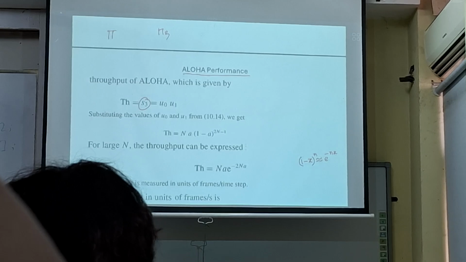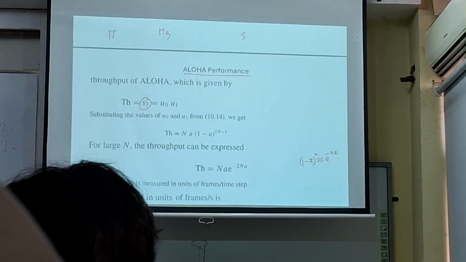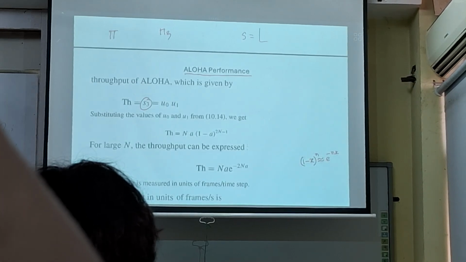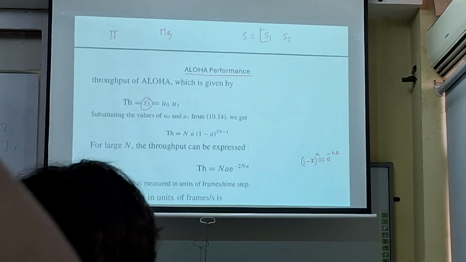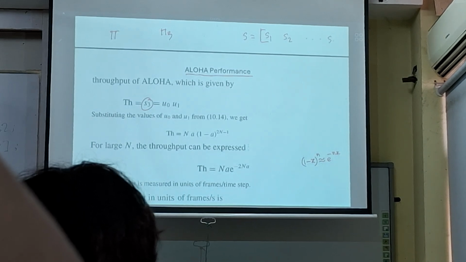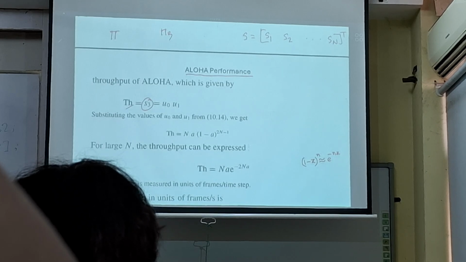We actually use this. This is the steady state probability vector, with probabilities for state 1, 2 and state n. So pi and s are the same variables, so we will be using it. So this is the throughput.